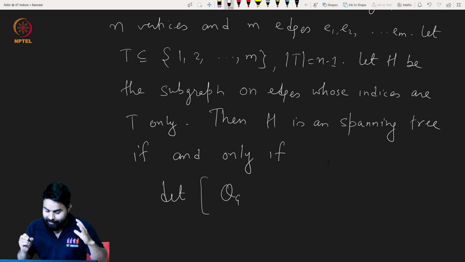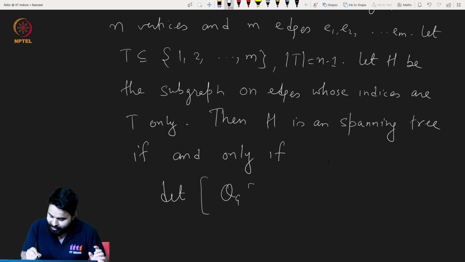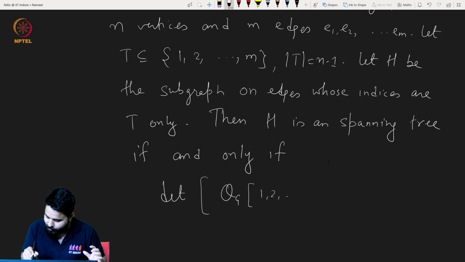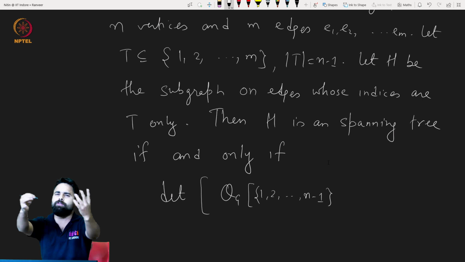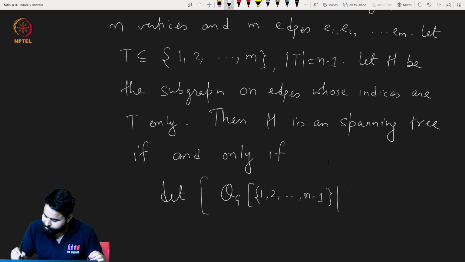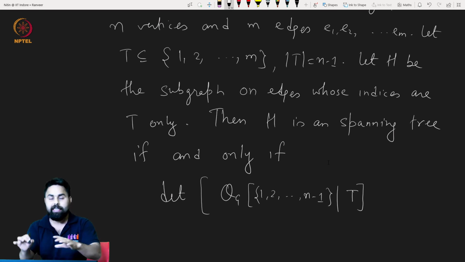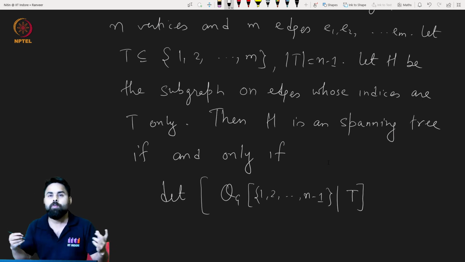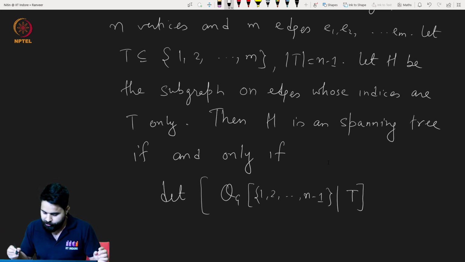a submatrix of the incidence matrix. And let me tell you what that submatrix is. You choose n minus 1 rows, 1, 2, up to n minus 1. Ideally you can choose any n minus 1 rows, but I am by default choosing the first n minus 1 rows, and then choose columns corresponding to T. T corresponds to the n minus 1 edges you are choosing.